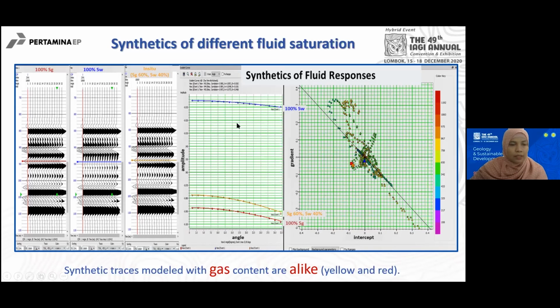While the one representing water in the reservoir here is indicated by the positive amplitudes all the way to the farthest offset. And also here is the cross plot of the intercept and gradient, both with gas content, falls with significant offset from the wet line trend here, compared to this one here which is brine or water filled reservoir.